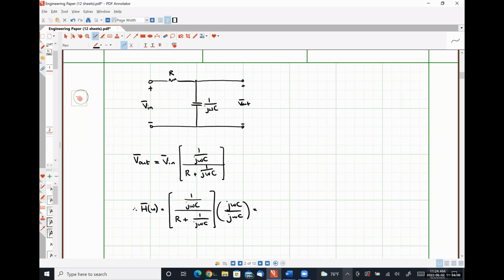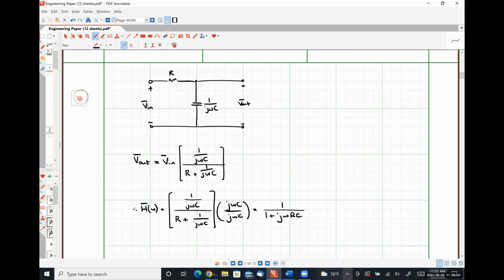And so to me, our new transfer function, which I would argue is a more simple form, would be 1 over 1 plus j omega RC. So this is our transfer function.